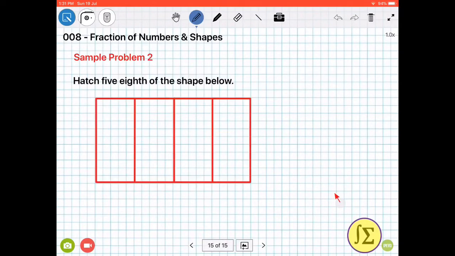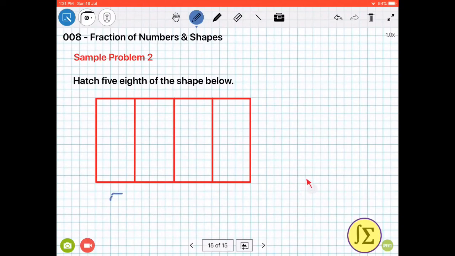Okay, sample problem number 2. Hatch 5/8 of the shape below. Alright, so it's easier if the shape or the figure has been divided to 8 equal parts, but it's divided only to 4 equal parts. Okay, so we use equivalent fraction again, right?